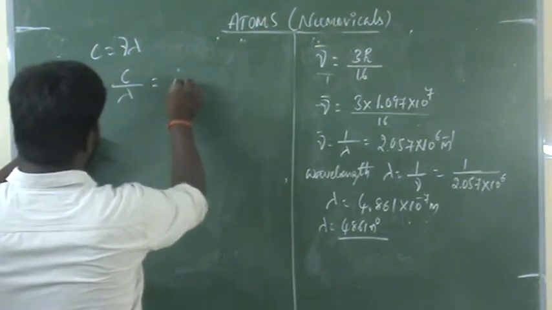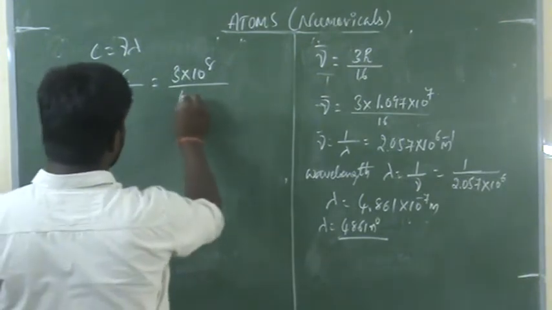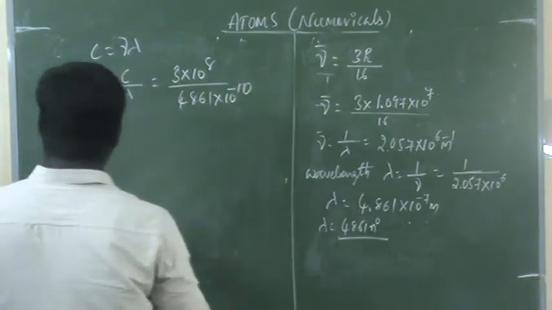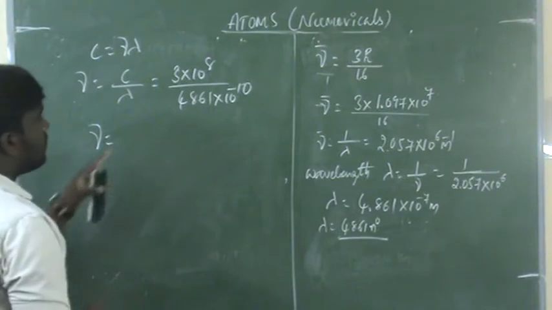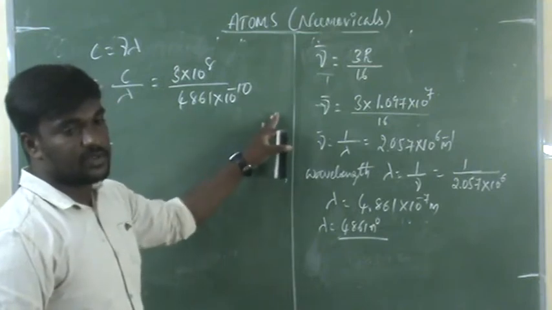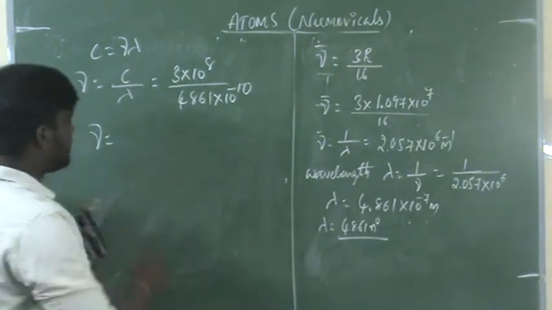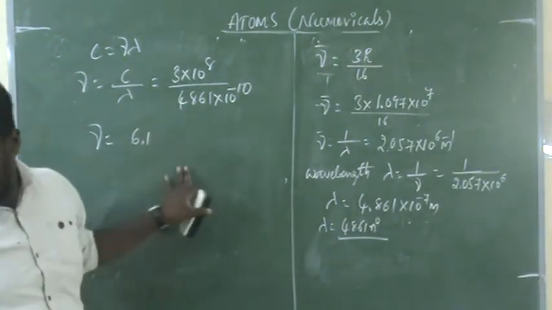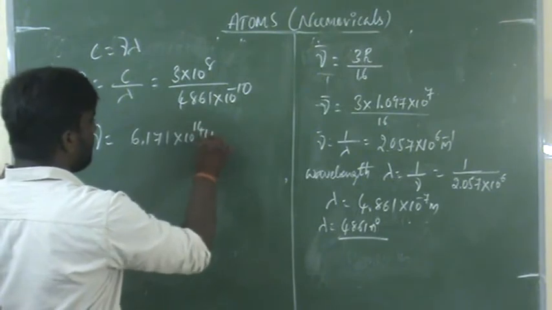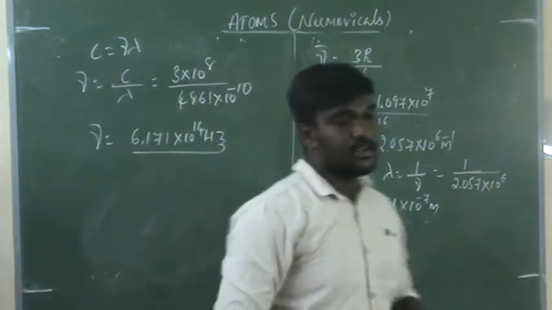We know the speed of light, 3 into 10 to the power of 8, divided by lambda, which is 4861 into 10 to the power of minus 10. So nu equals 3 into 10 to the power of 8 divided by 4861 into 10 to the power of minus 10, which is 6.171 into 10 to the power of 14 hertz. Clear? That is the frequency.